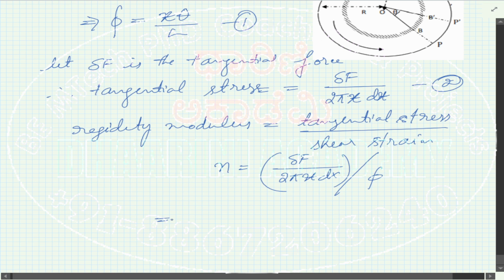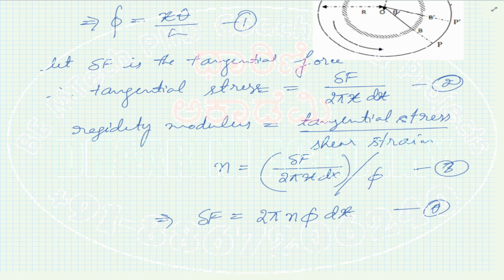Let's write the equation for delta F. Taking the whole denominator to the other side, delta F is equal to 2 pi n phi x dx. Let me call this equation number 3 and this equation number 4.